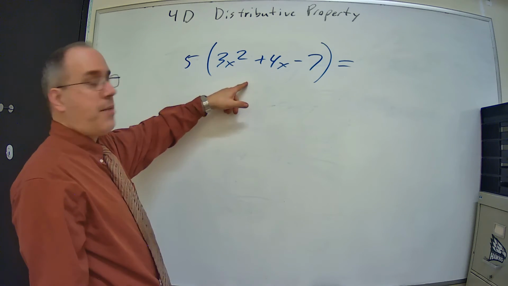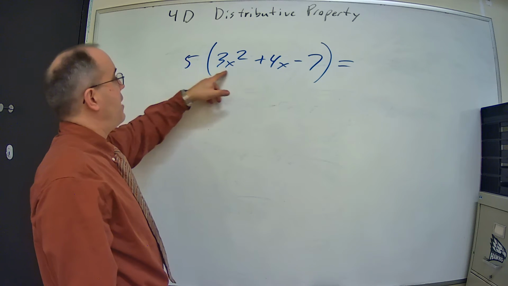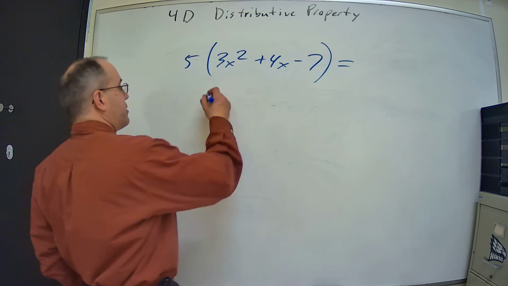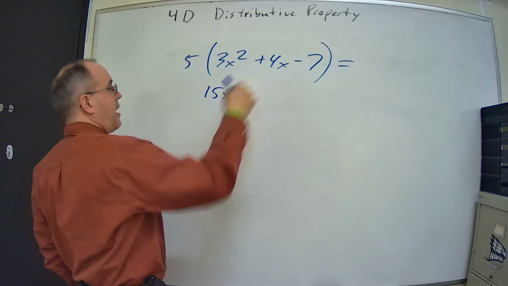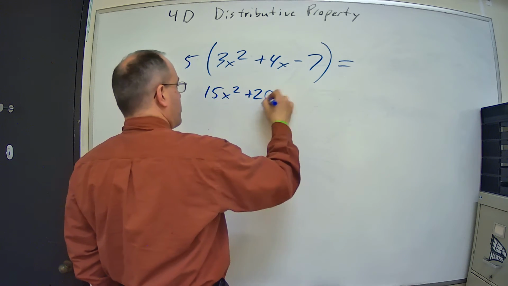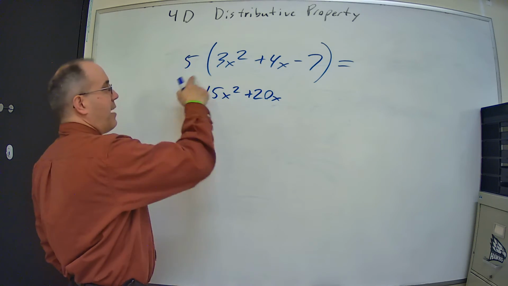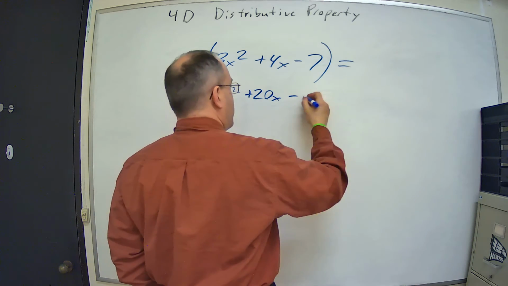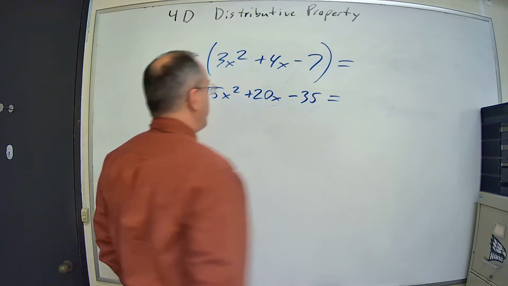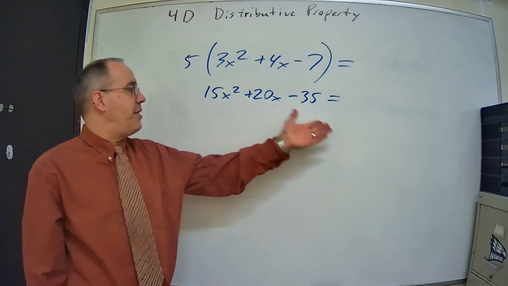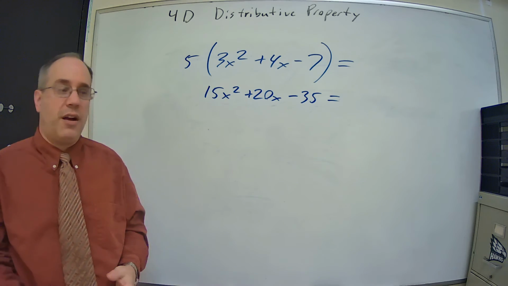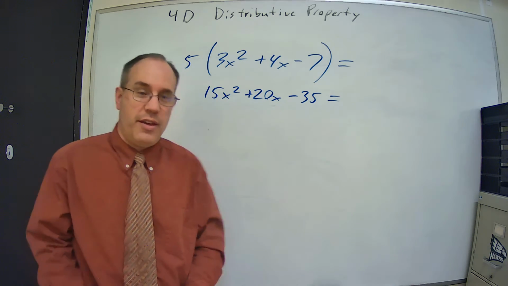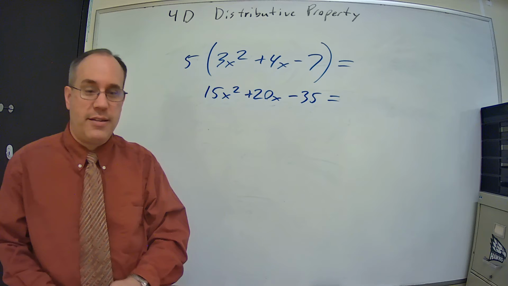But I can do the same thing of, okay, 5 times 3x squared is 15x squared. 5 times 4x is 20x. 5 times negative 7 is negative 35. And I just distributed through. And that's where this becomes most powerful, is when we start dealing with stuff like that.